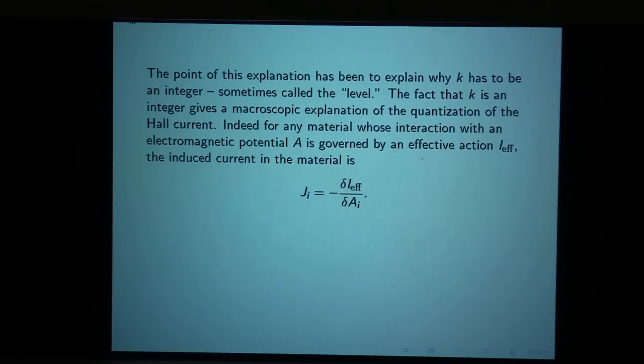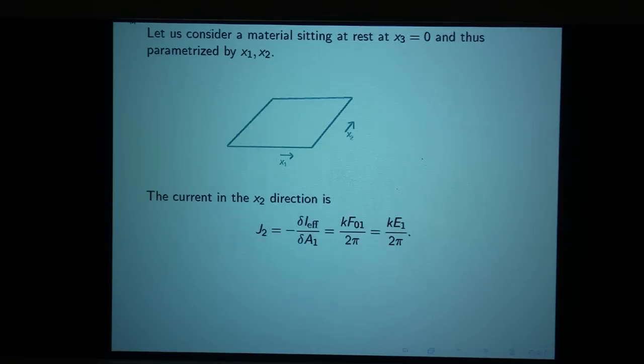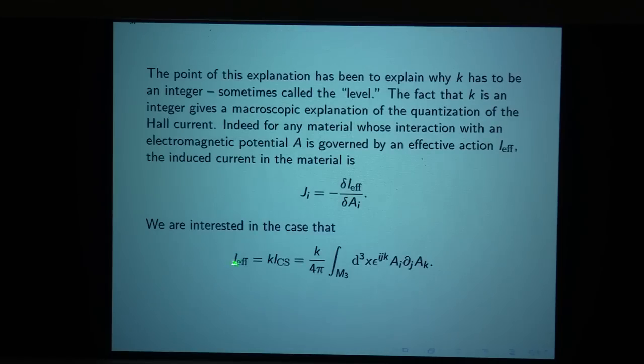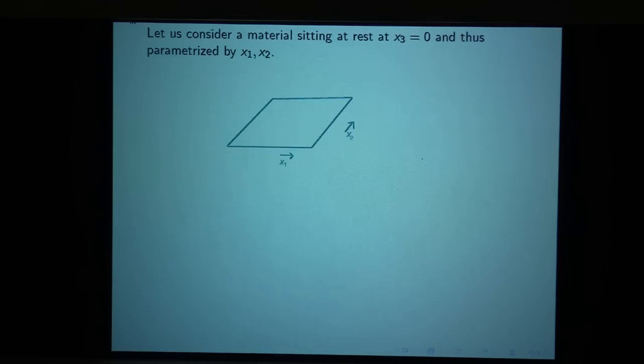So then, the next important thing we did, I said, was that in this particular case, the current in the one direction is k times F01 over 2 pi. That's really a straightforward calculation from the definition of I effective. So A1 multiplies D0A2 minus D2A0, which is the electric field in the two direction, and vice versa.